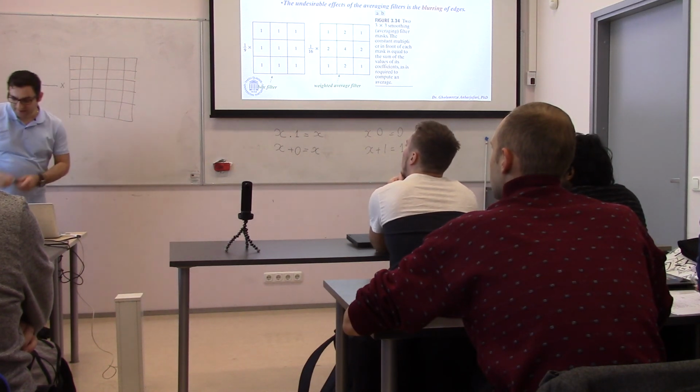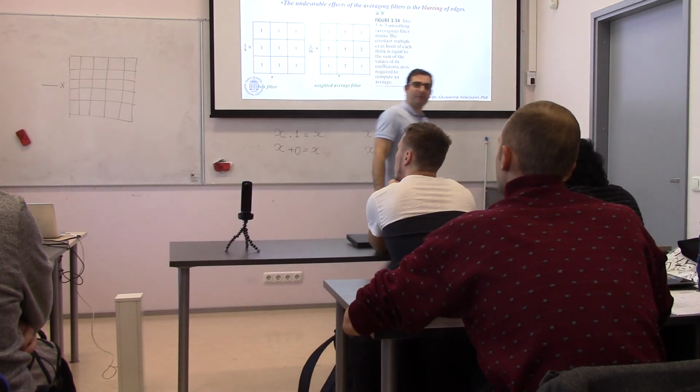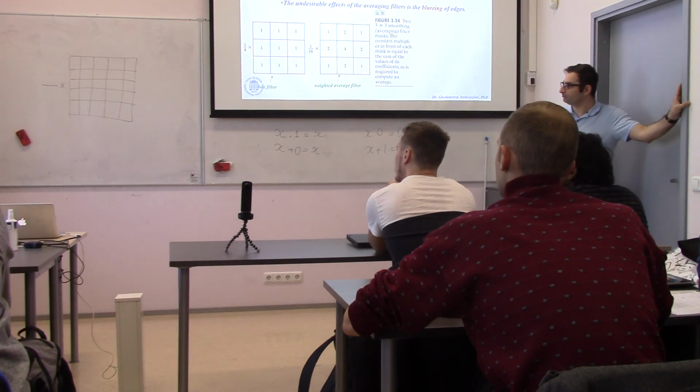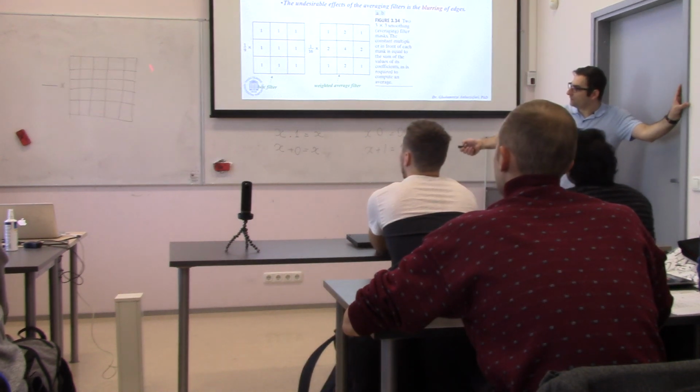Can you tell me what the weights of a weighted average filter of 5 by 5 are? This one.